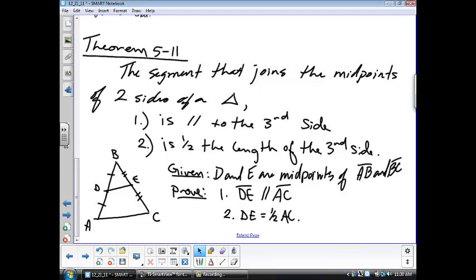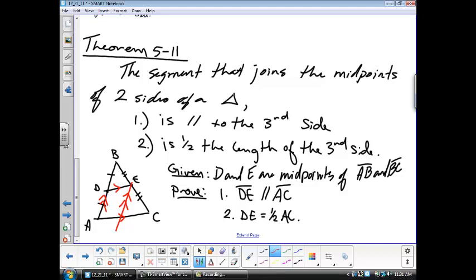We talked about how we would get number one. So in proving number two, what we need to do is work with a parallelogram somehow. Since I know DE is parallel to AC, to form a parallelogram, what I need is a line through E that's parallel to BA. So when I draw that line right there, I am forming a parallelogram.